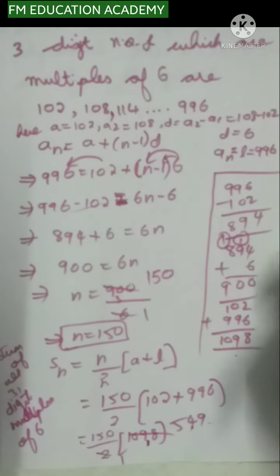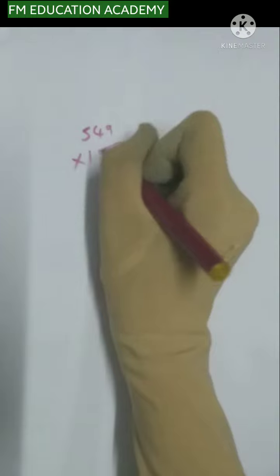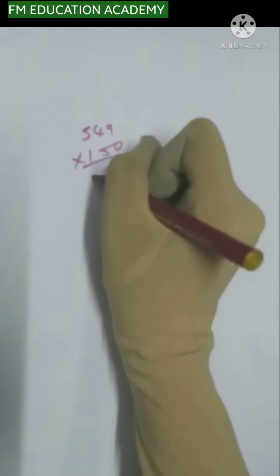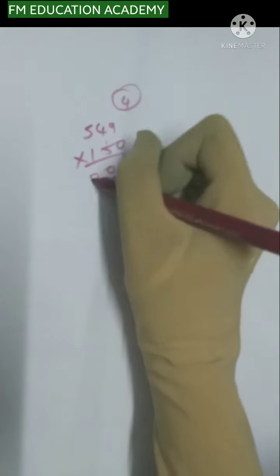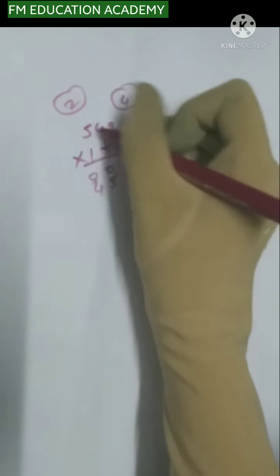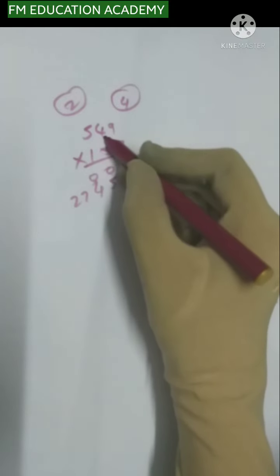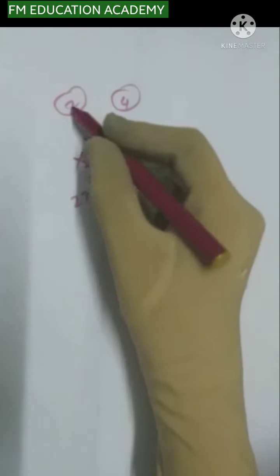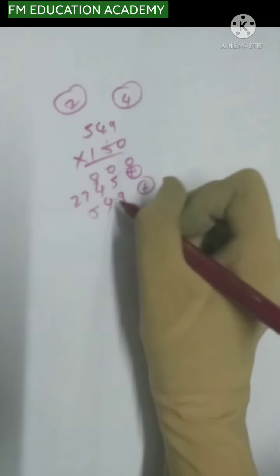Multiply and see what is 549 into 150. 0 times 549 is 0, then 5 times 549, then 1 times 549.